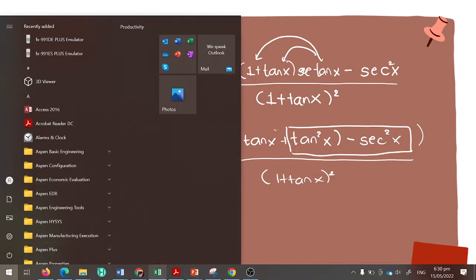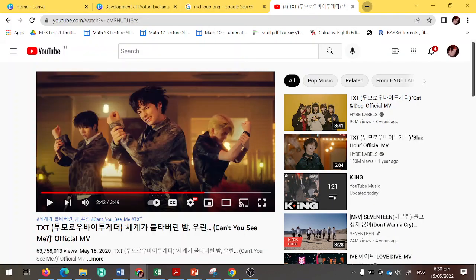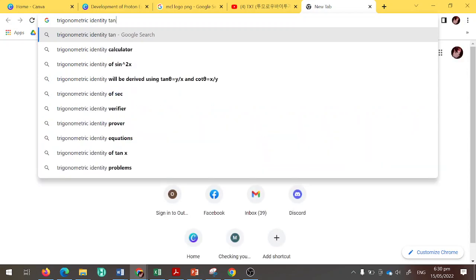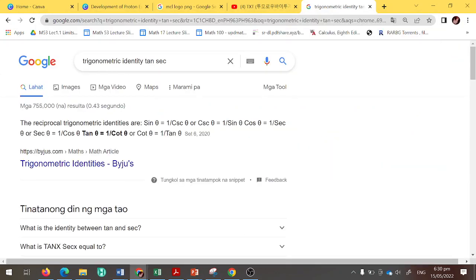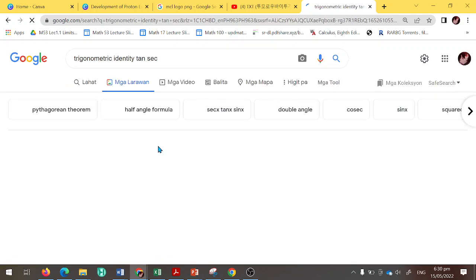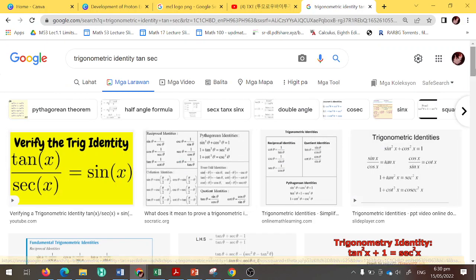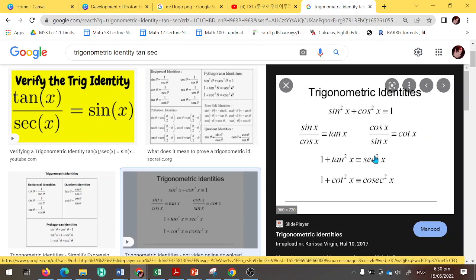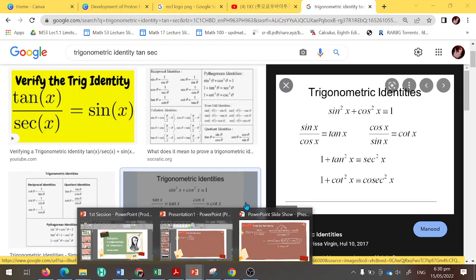Ano ba yung trigonometric identity? Meron yan eh. Ayun. Nasa lecture ko. Meron tayong trigonometric identity na 1 plus tangent squared x is equal to sec squared x.